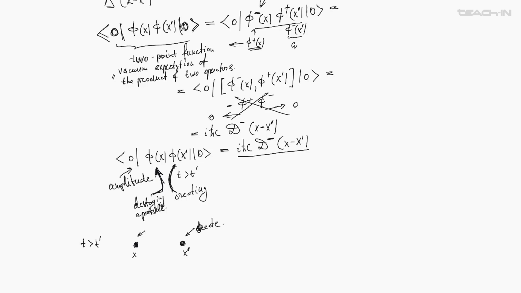But we can look at this process in a bit different way. So we can say that similar amplitude may be considered when actually we do it in an opposite way. We first create a particle at x, but then we destroy it at x prime.